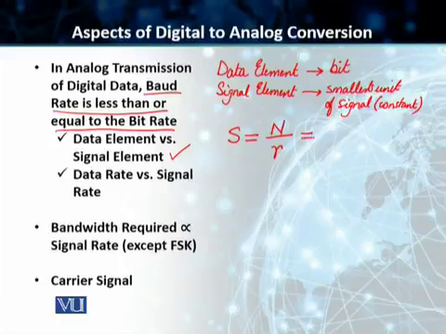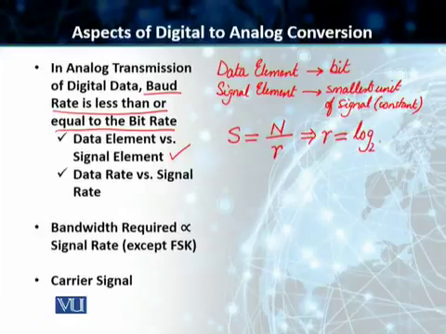Students, in the case of analog transmission, this R is equal to log to the base 2 of capital L. And students, this L is the number of different signal elements that we have got. So to summarize, students, bit rate is the number of bits per second, baud rate is the number of signal elements per second, and important factor is that in analog transmission, the baud rate is always less than or equal to that of the bit rate.